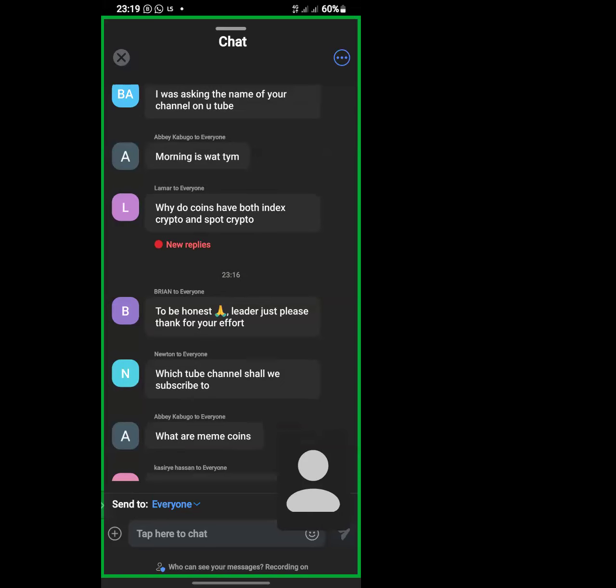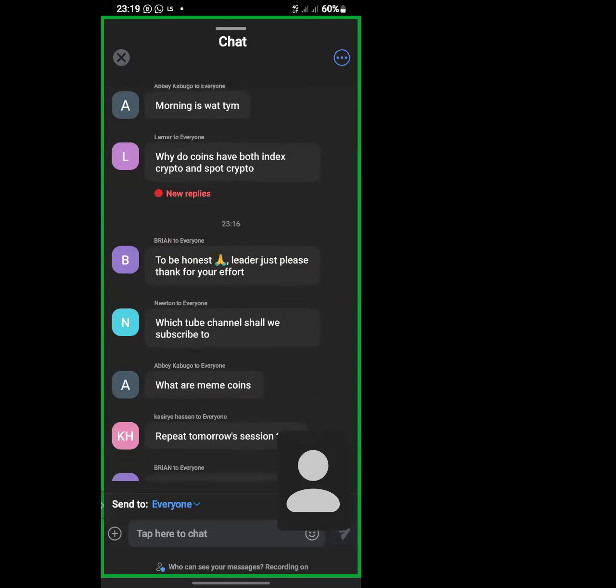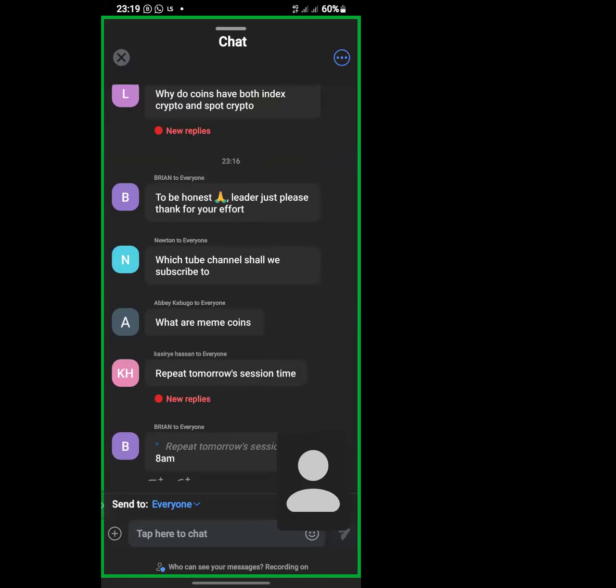You can see they've got dog faces, cat faces, something like that, cartoons and animations. So those are what we call meme coins. They were named after the internet memes you always see online. That's why they're called meme coins. They are characterized by very low value and high volatility.